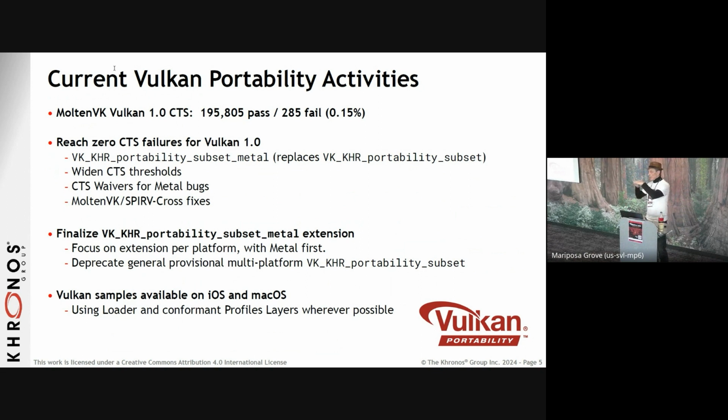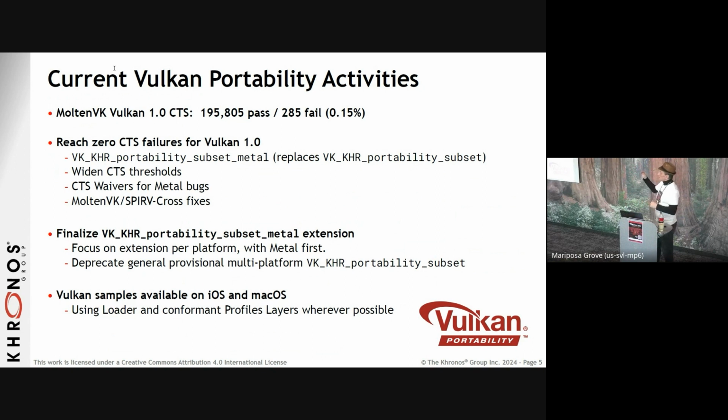By allowing the CTS tests and applications to query and say, hey, this implementation tells me now through the portability subset extension that it doesn't support triangle fans, I'm going to allow those tests to be marked as not supported instead of fail.